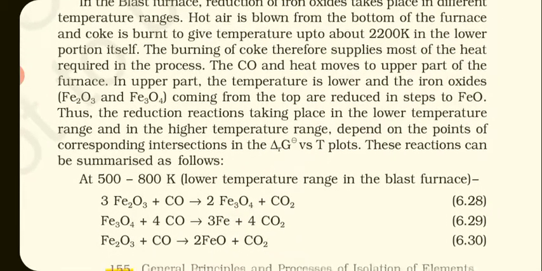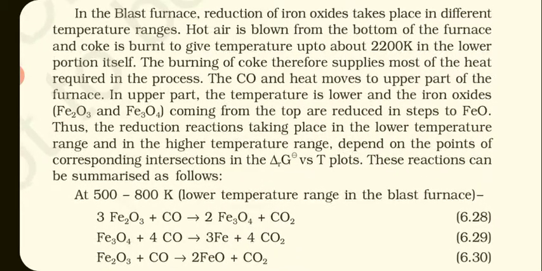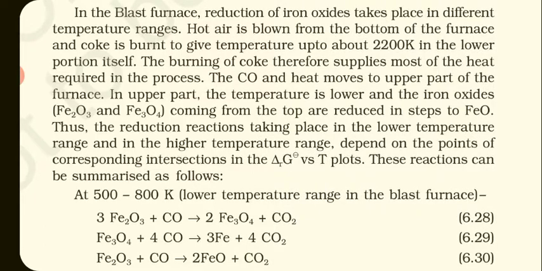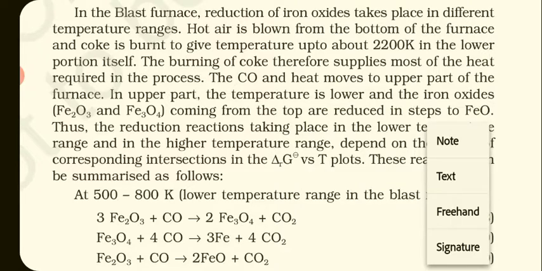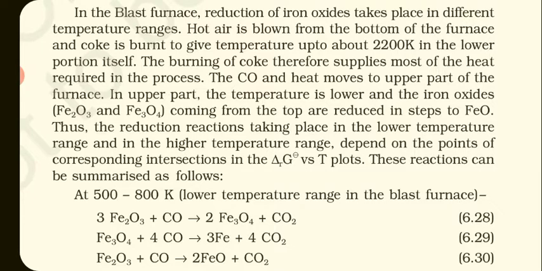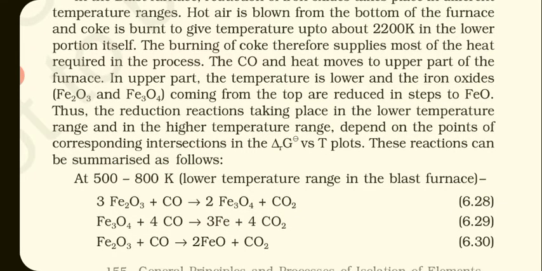So in the blast furnace, the reduction of iron oxide takes place in different temperature ranges. Hot air is blown from the bottom of the furnace and coke is burned to give temperature up to 2200 Kelvin. In the lower portion itself, the burning of coke therefore supplies most of the heat required in the process. The carbon monoxide and heat move to the upper part of the furnace.